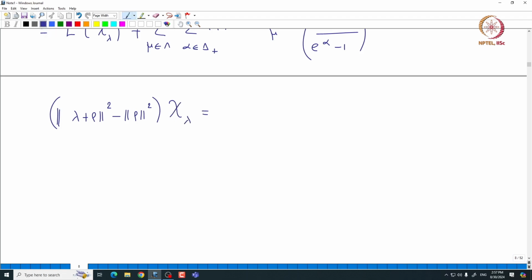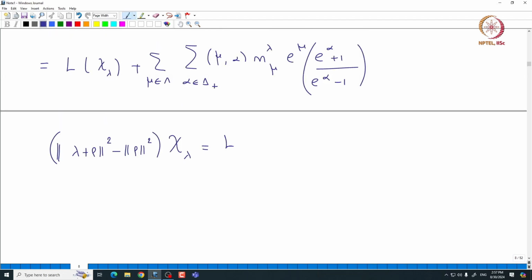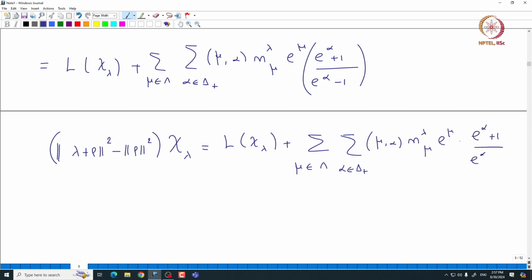This is the left hand term. The right hand term is exactly L of chi lambda plus summation mu in lambda summation alpha in delta plus mu alpha m lambda mu e power mu times e power alpha plus 1 divided by e power alpha minus 1. So, this is what we get.